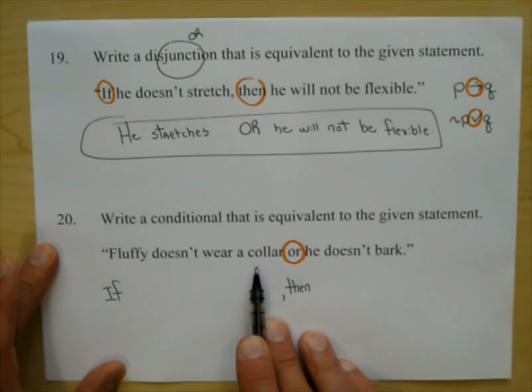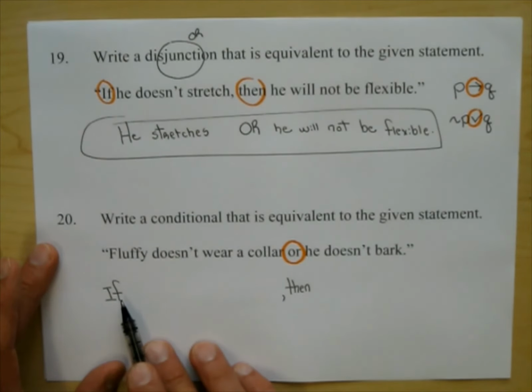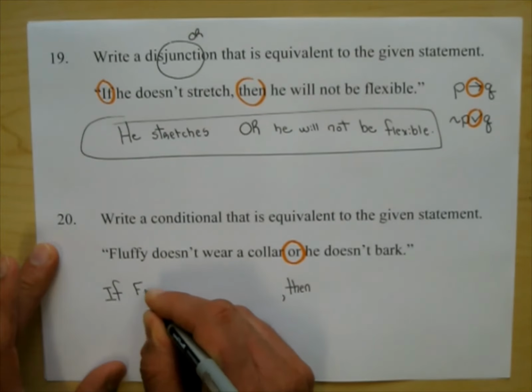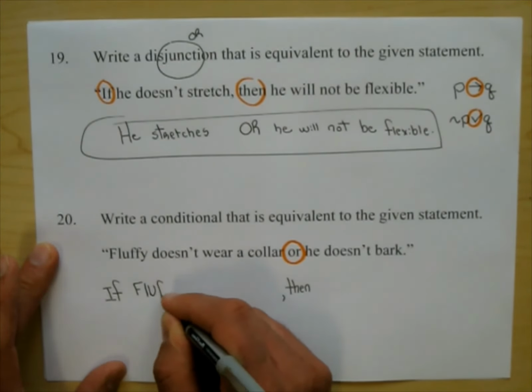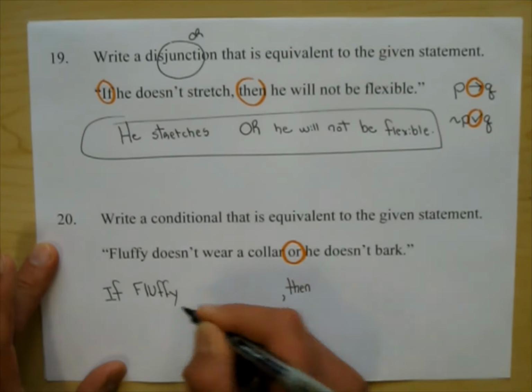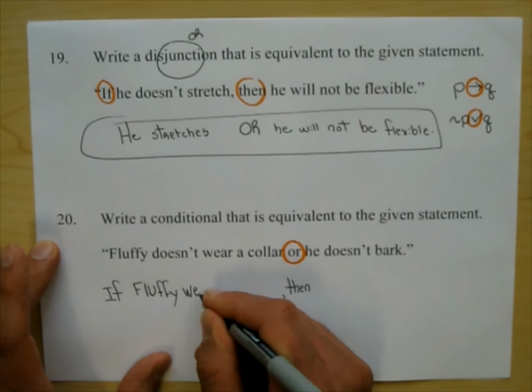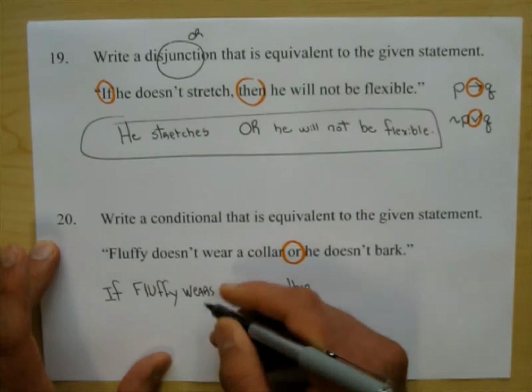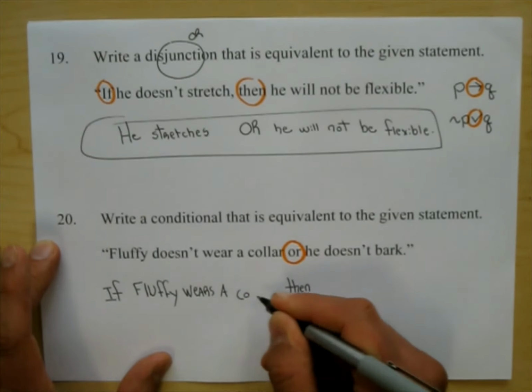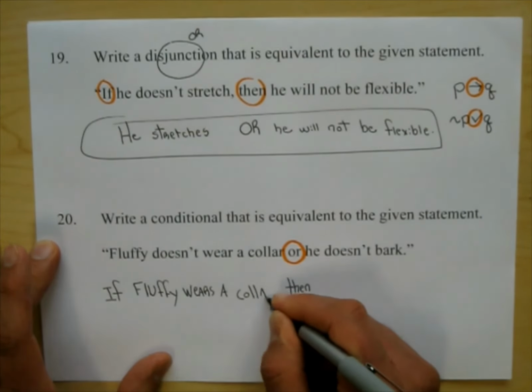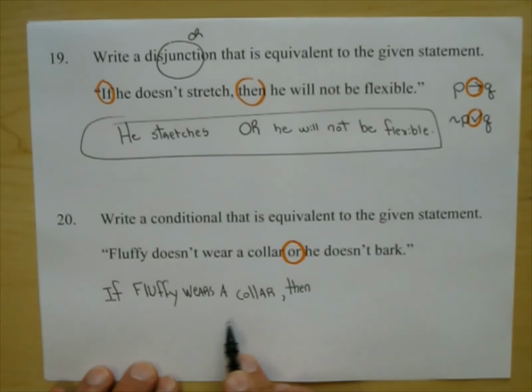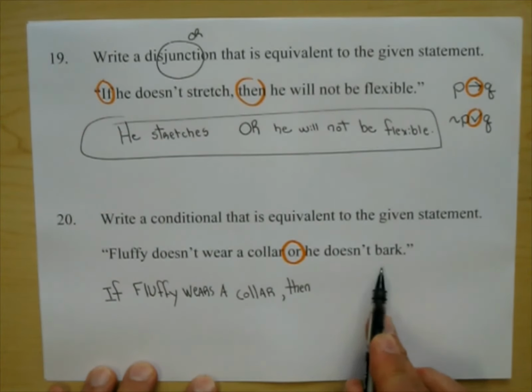So Fluffy doesn't wear a collar. We're going to say if Fluffy wears a collar. Whoops, okay. Fluffy wears a collar. So that part gets negated, and the second part stays the same.